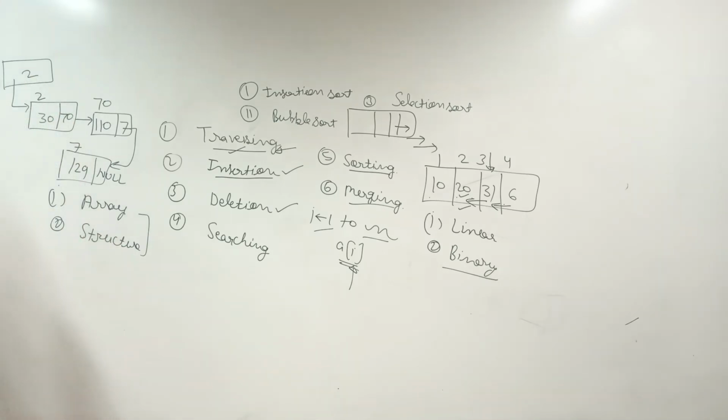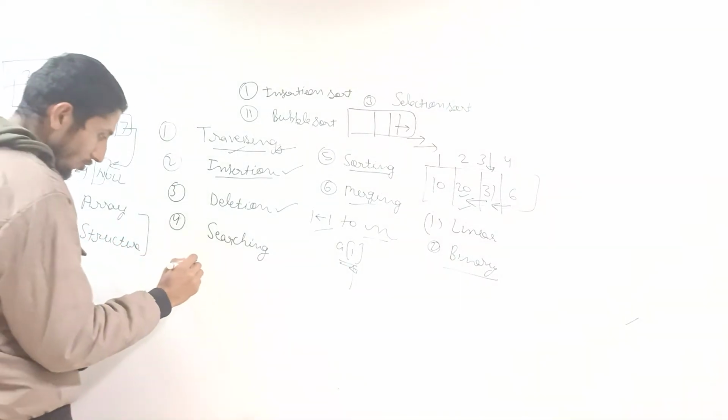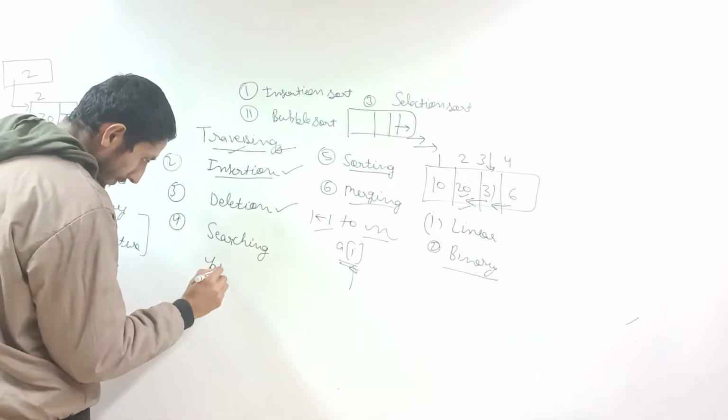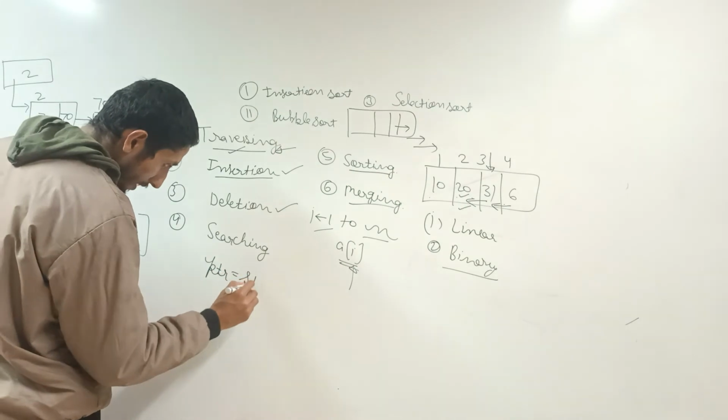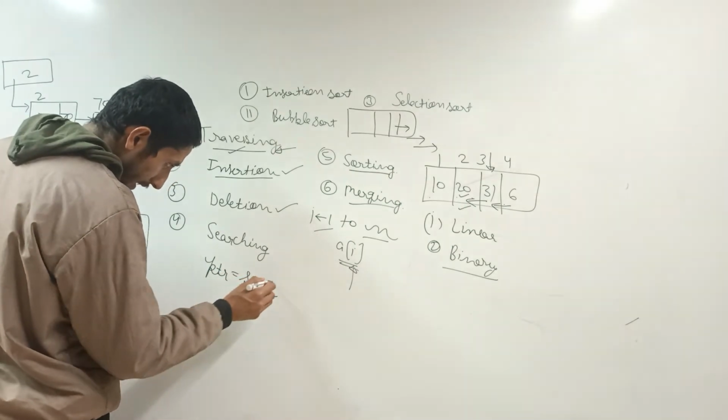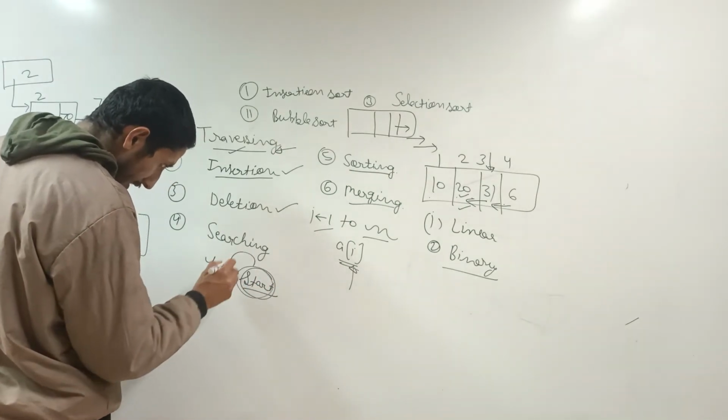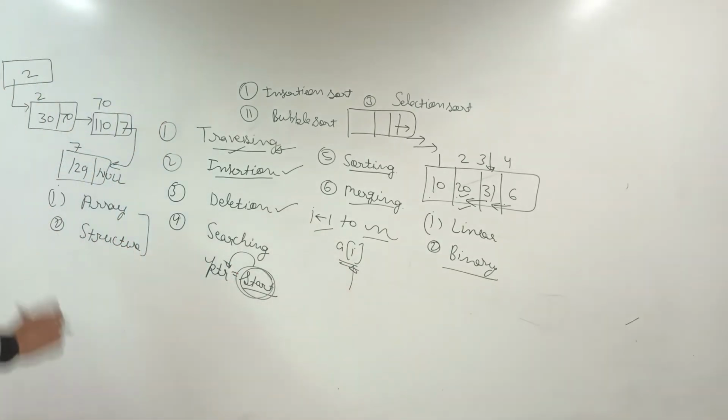In order to traverse the linked list, I have to start with the start variable. So I will take a pointer named ptr, and I will copy the value of start, because the start variable contains the address of the first block. Are you following this one?